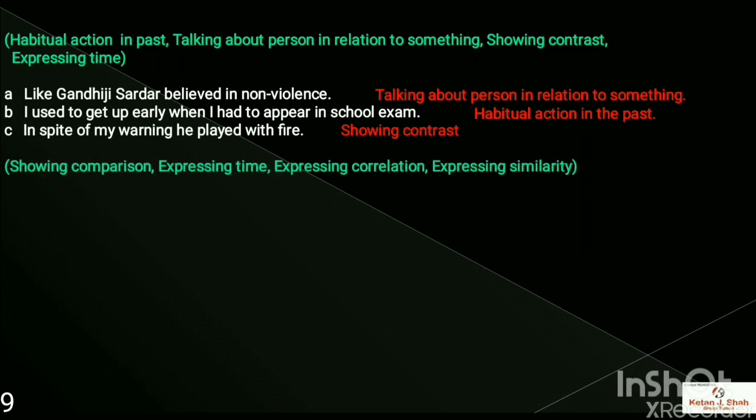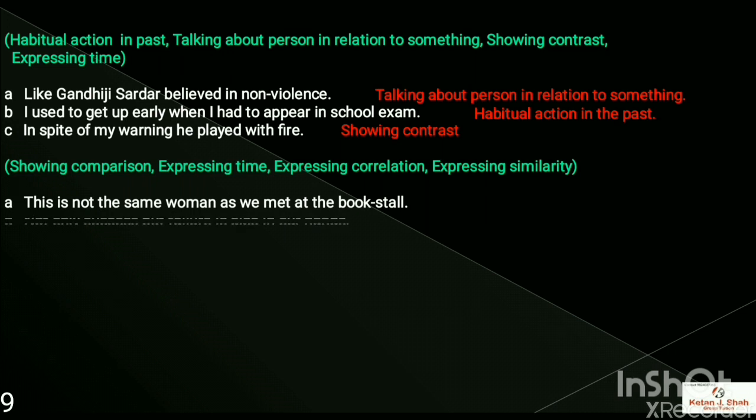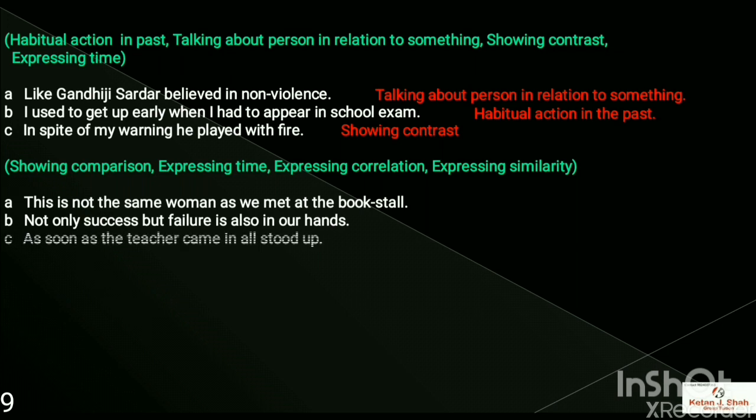Showing comparison, expressing time, expressing correlation, and expressing similarity. This is not the same woman as we met at the bookstall. Not only success, but failure is also in our hands. As soon as the teacher came in, all stood up. This is expressing similarity, that this woman is not like that woman whom we met at the bookstall.